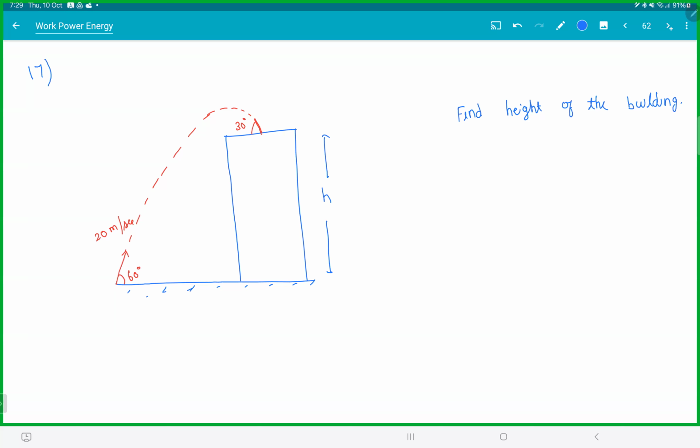How do you find the height of the building? Any ideas? 40 by 3.